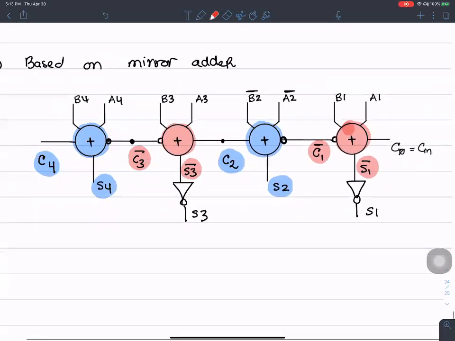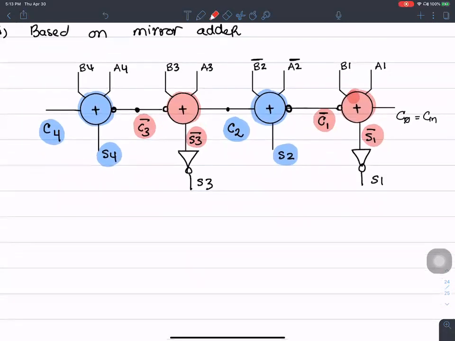So the idea is this is a bit more efficient owing to the fact that you implement sum from the complement of carry out; sum can be expressed as a function of carry out complement.